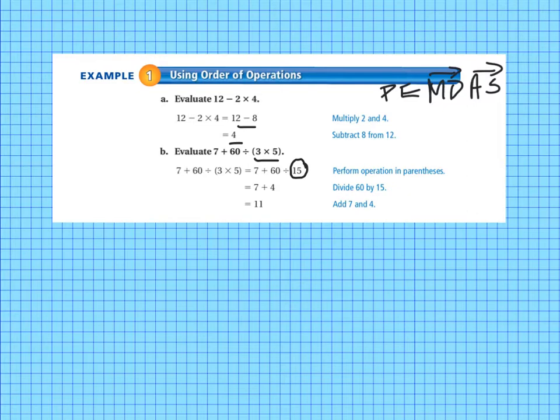And so we don't want to add first, we want to divide because division comes before addition. So we divide 60 by 15, which is 4, and then we add 7 plus 4 equals 11. And that's our answer.